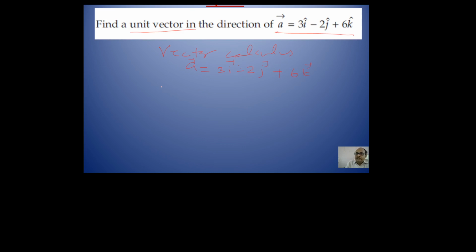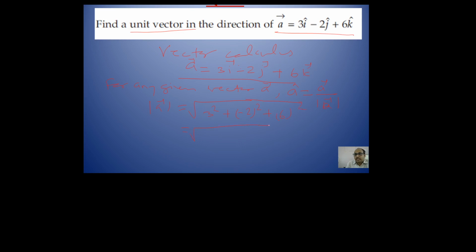Now for any vector, if we want to find unit vector, for any given vector a, its unit vector can be found as a vector divided by magnitude of a. So magnitude of a for this one will be equal to root of 3 square plus minus 2 whole square plus 6 whole square.